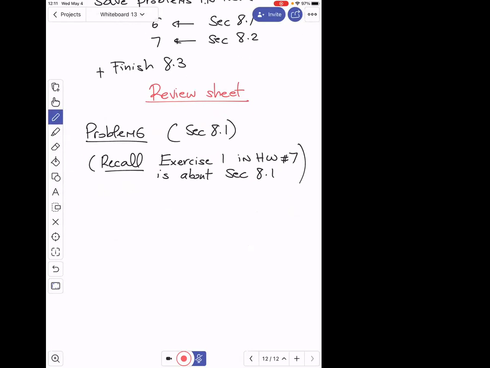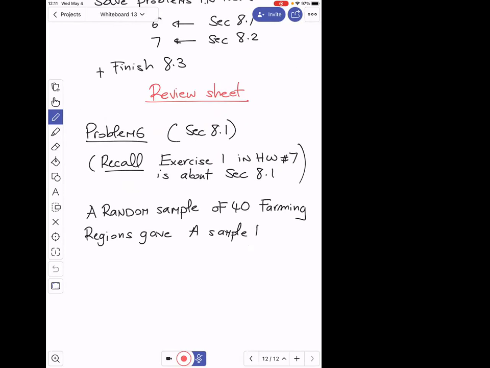It says the following. I'm gonna write down the problem. A random sample of 40 farming regions gave a sample mean price X bar.